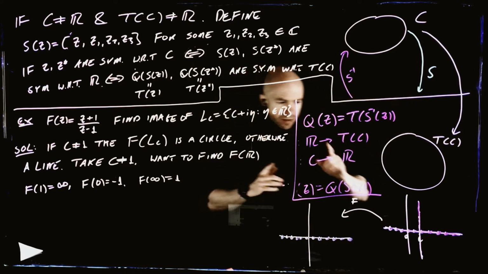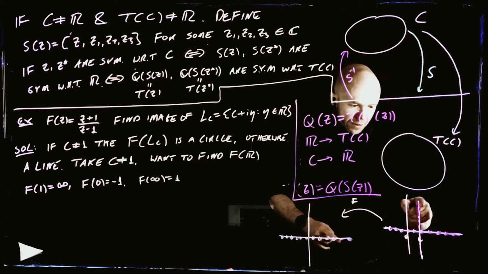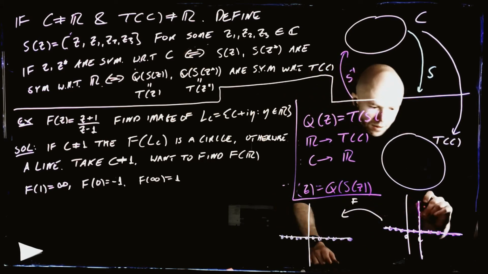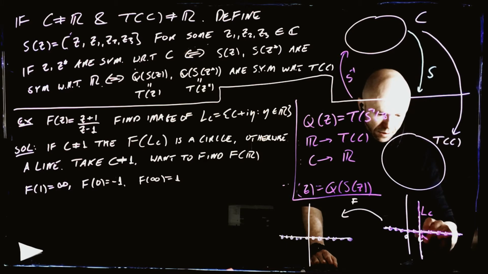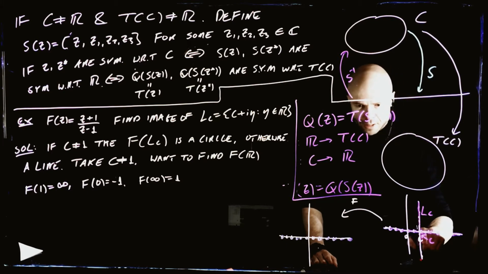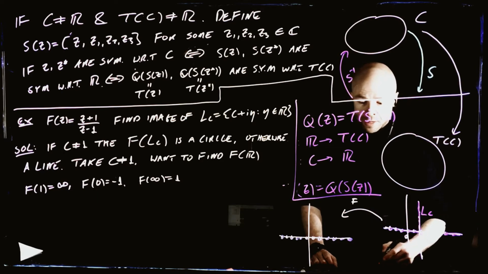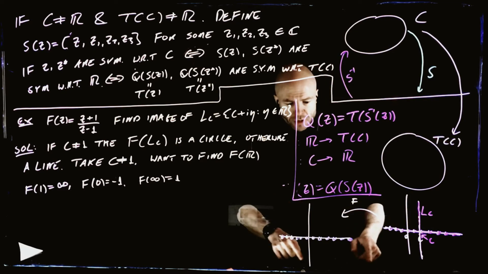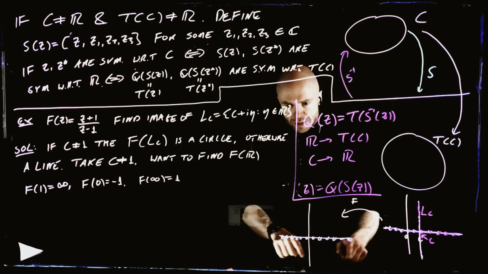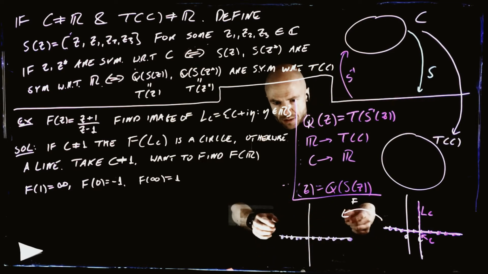Then what else do we know? Well, let's think about the intersection points between this line L of C and the real line. Well, they intersect at C, right? Yeah. And they also intersect at infinity. So we have that the image of L of C is some sort of circle that intersects this thing in a perpendicular way at 2 points, right?